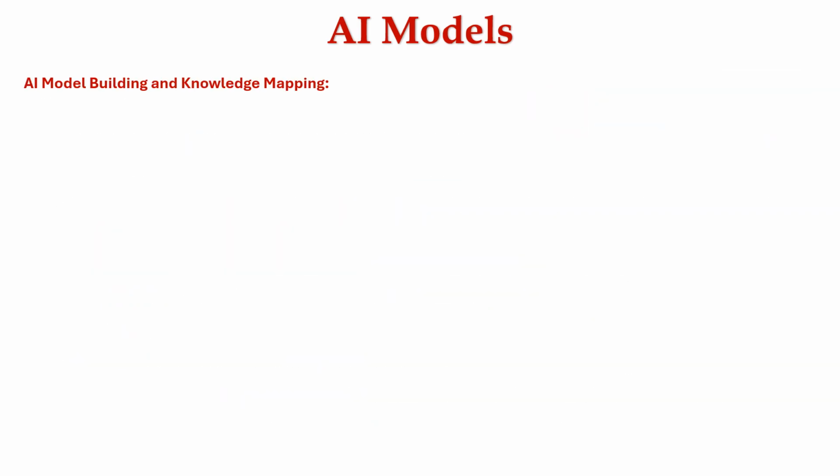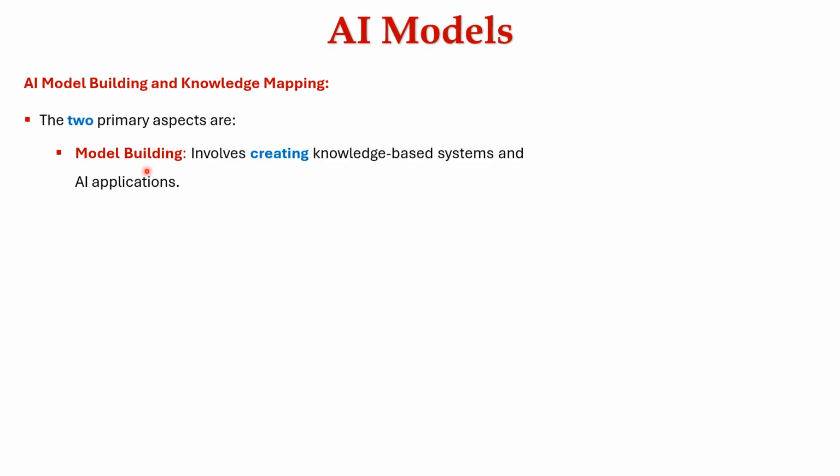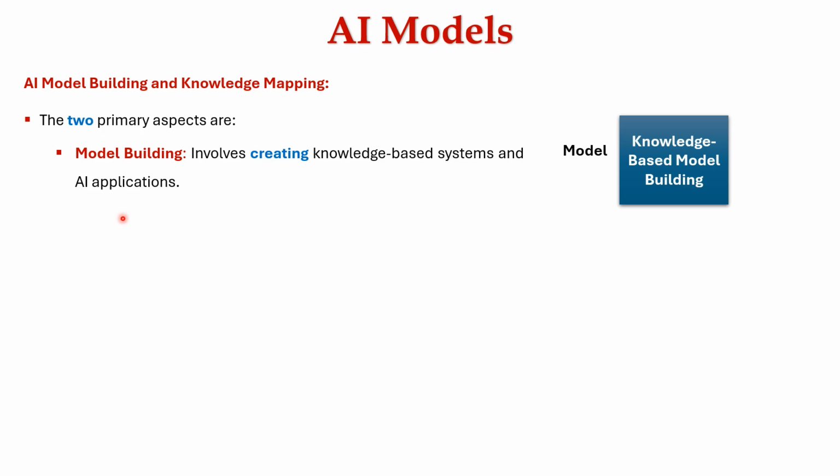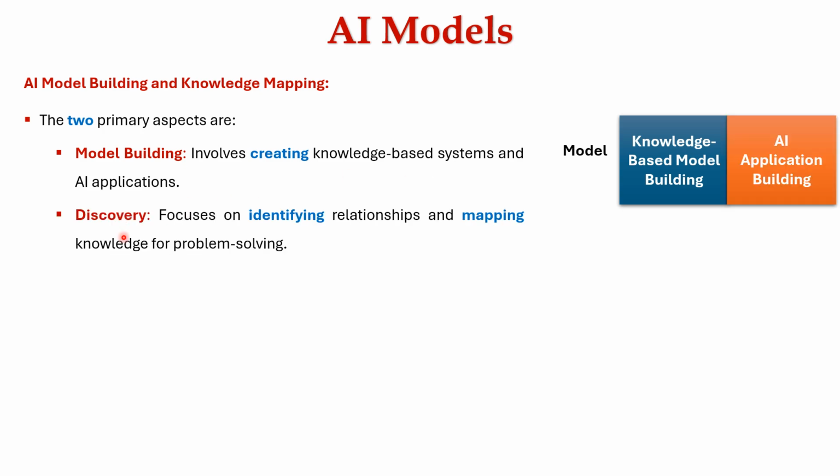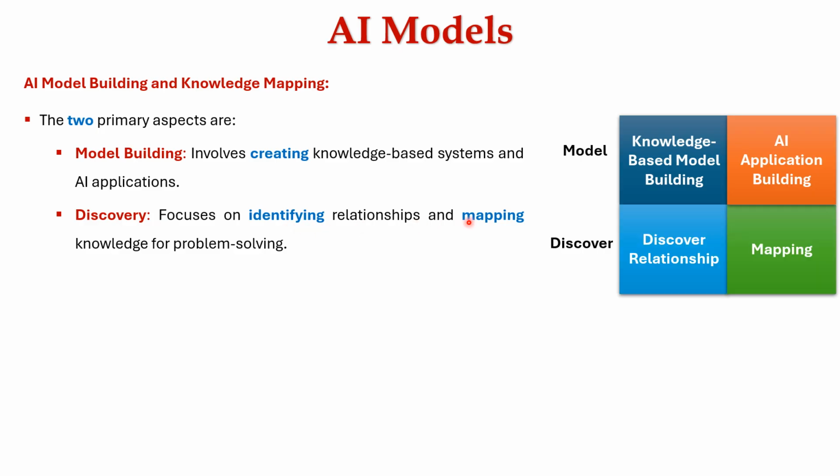AI model building and knowledge mapping focuses on two primary aspects, namely model building, which involves creating knowledge-based systems and AI applications, and discovery, which mainly focuses on identifying relationships and mapping knowledge for problem solving.